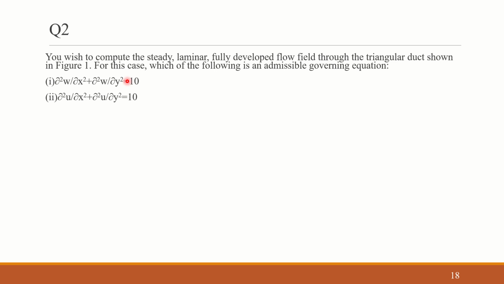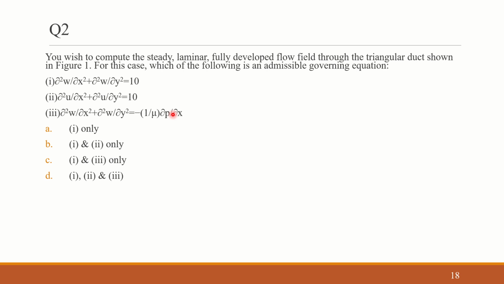And the third one is del square W by del x square plus del square W by del y square equal to minus 1 by mu del p by del x. The options are A: 1 only, B: 1 and 2, C: 1 and 3, D: 1, 2 and 3. So which do you think is the right answer?